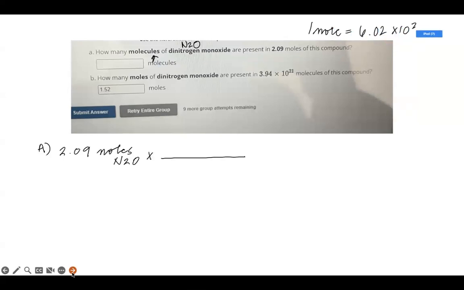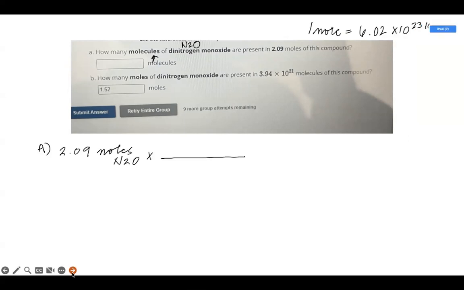So we're starting with 2.09 moles of this compound, and we're asked to go to molecules. So Avogadro's number is 1 mole equals 6.02 times 10 to the 23rd.